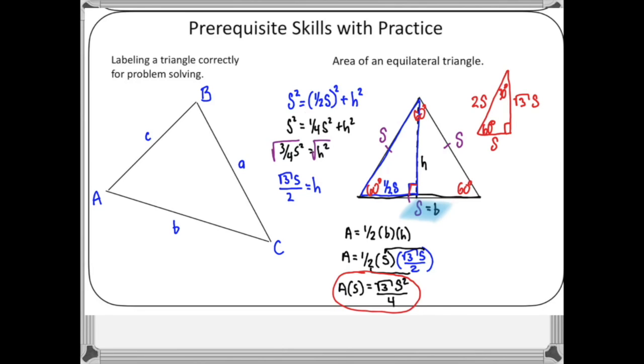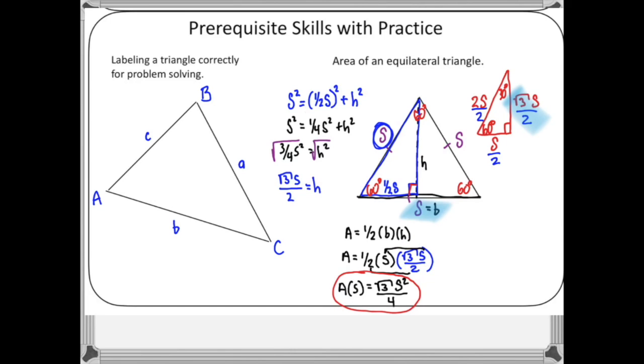Now, if I wanted to get just this side all by itself, because this is not two sides, this is just one, right? I would have to divide each of these by 2, and you can see that in the h position I would have the square root of 3s divided by 2, which is what we got from the Pythagorean theorem over here.